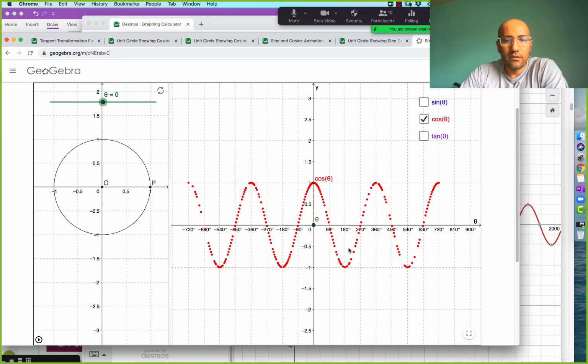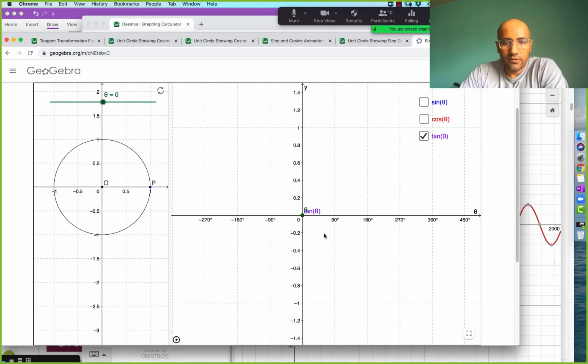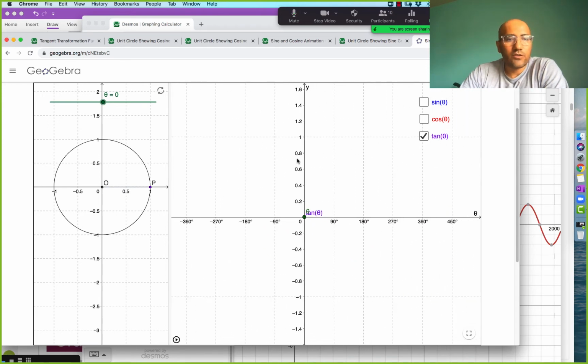Let's look at tangent. So the tangent function, let's zoom in a little bit. Remember that tangent is equal to y over x, sine over cosine. So here, y is 0 over 1, so the tangent function is just going to be 0. And as I move forward this way, look what's happening with the tangent function.